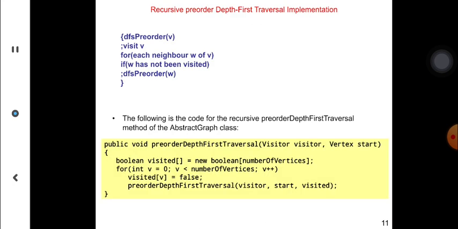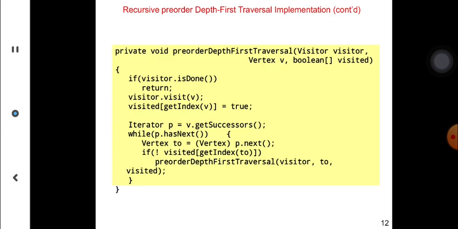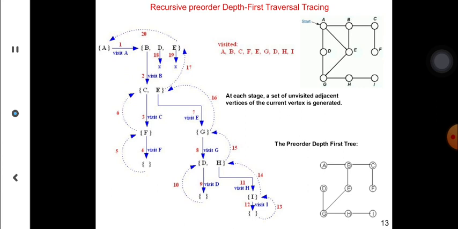This algorithm works very nicely for depth first traversal, and we will revisit the code when we implement it in C language. These are some of the recursive preorder depth first traversal tracings, showing how you do it. You are visiting the nodes according to your pushing into the stack, one by one, pushing into the stack, popping from the stack, and so on.